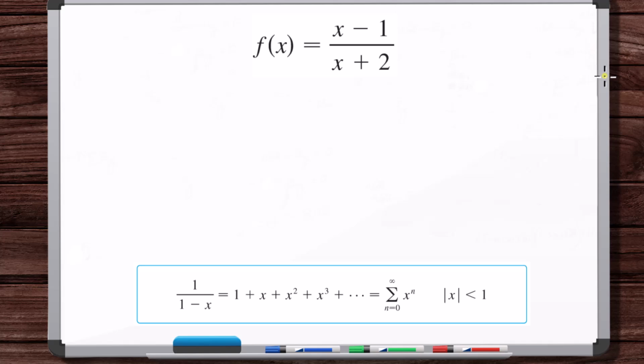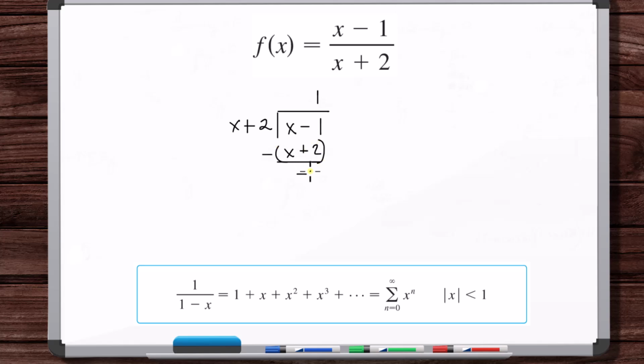Okay, last problem. What we want to do here is split this up. We can do polynomial long division to split it into two separate fractions. Okay, x divided by x is 1.